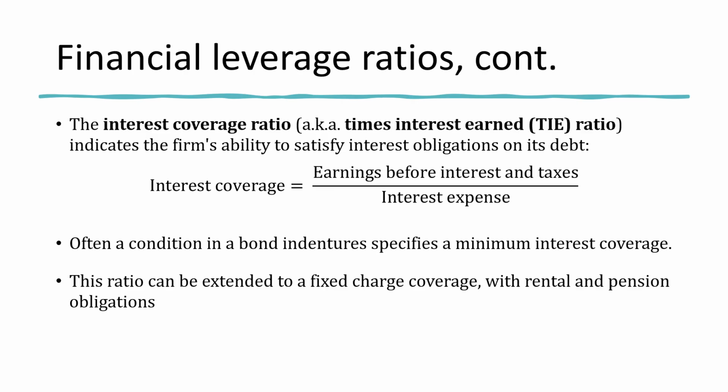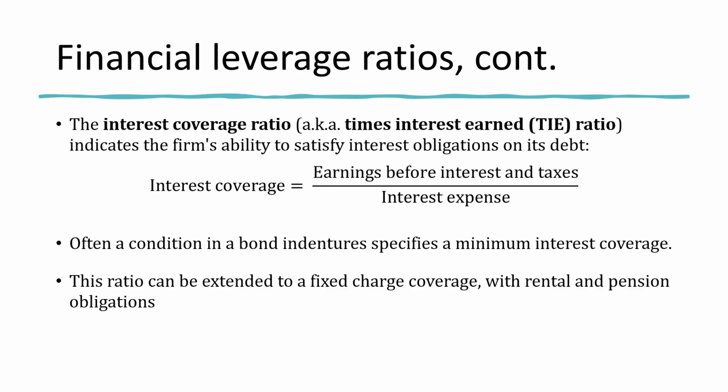So this is a type of coverage ratio, how many times. So the result that you get here is number of times, whether it be 1 time or 2 times or 3 times. And the reason we look at this one, it's often a condition in a bond agreement, a bond indenture. And it would specify, for example, the minimum interest coverage. For example, it may specify that interest coverage ratio must be at least 2 times.